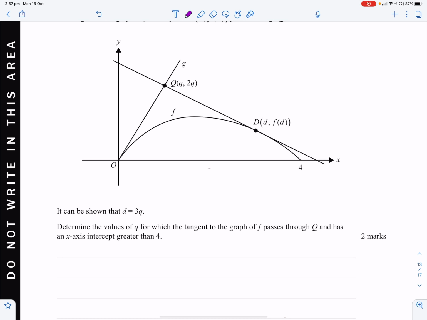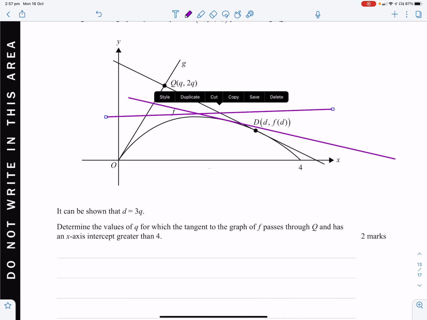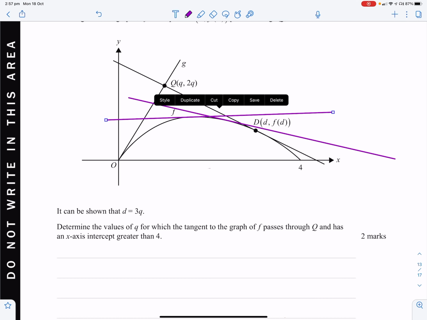Okay, so D could move anywhere here. That'd have an x-intercept greater than 4. When we get to the turning point, it's not going to have an x-intercept because it's parallel. So we've got to work out what that turning point is. Or we already have maybe.